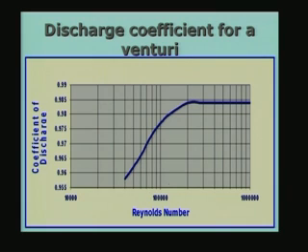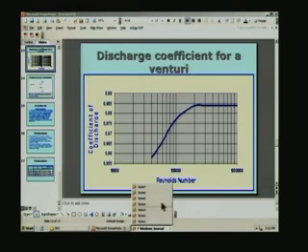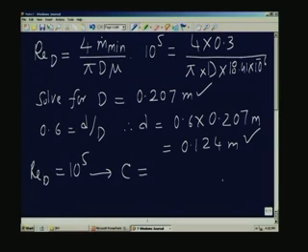So if you see 100,000, this is the value, and the corresponding value is something like 0.977. So because the Reynolds number is already given, I can simply take the value from that, and therefore this value of C is equal to 0.977 as I just now indicated.